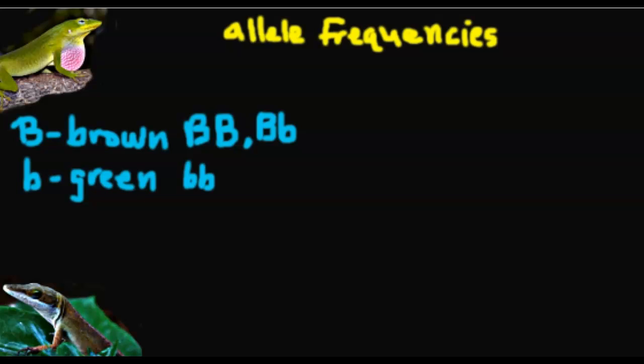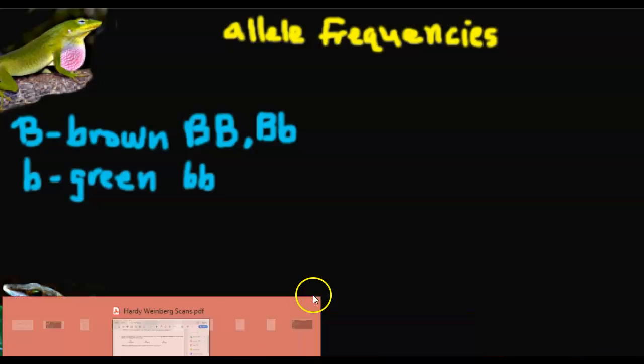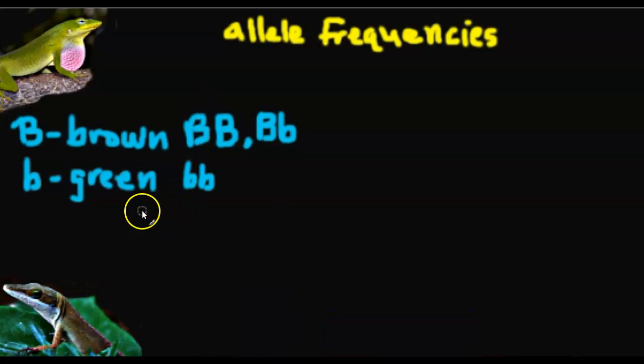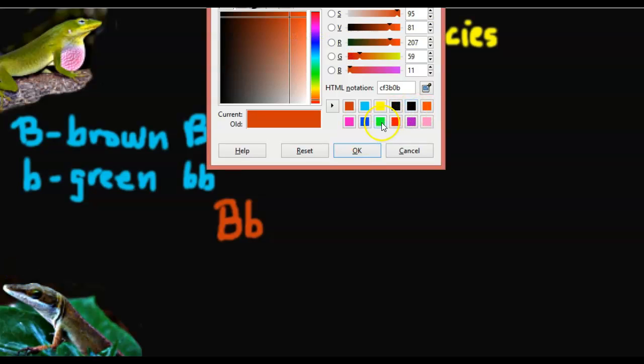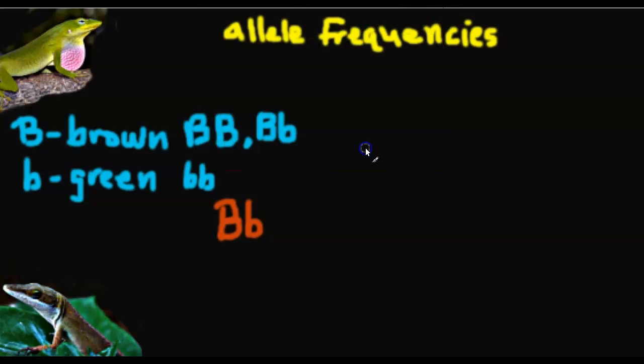So let's say this population actually only has two lizards. One green one and one brown one. So let's say the brown one, put over here, is heterozygous. And there's only one way to have green, right?